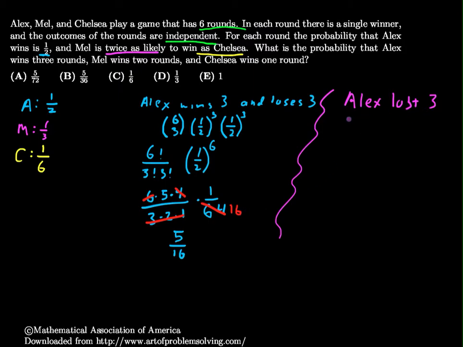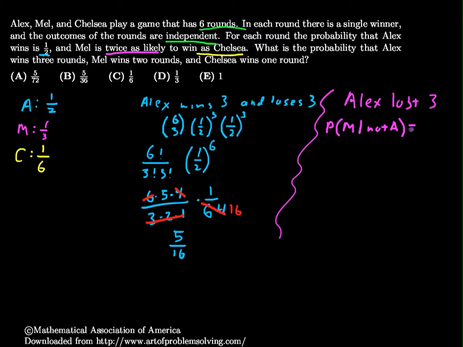So from here, we don't need to worry about this. Given that Alex lost 3, the probability of Mel, given that Alex doesn't win, is now 2 out of the 3.